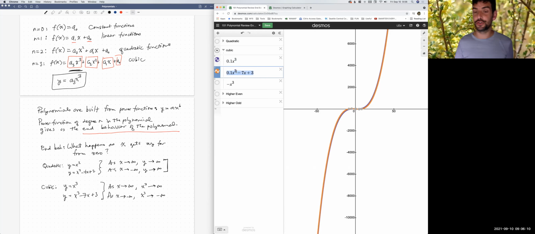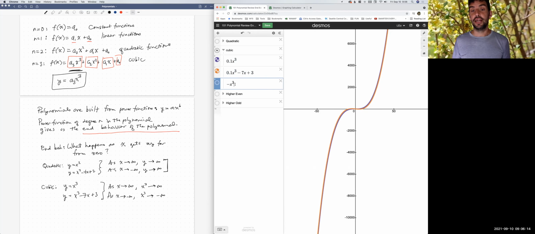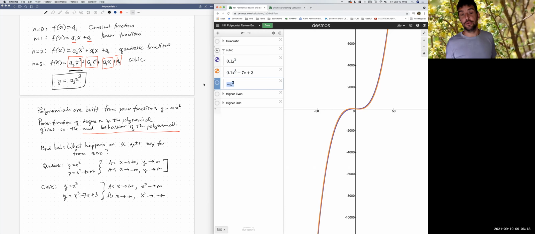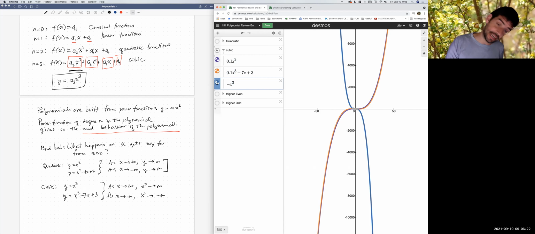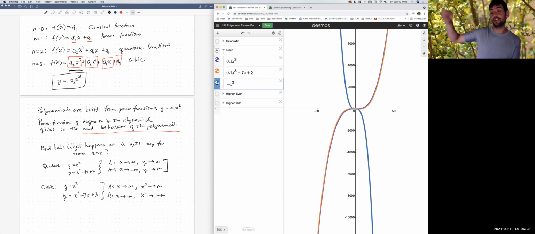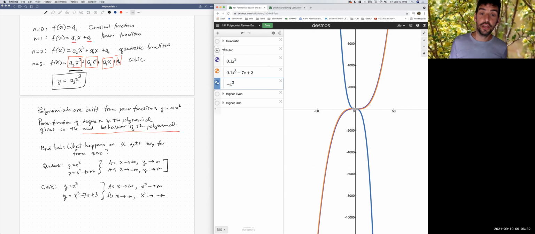This is our leading term, the term with the degree n power in it. And so if we have a polynomial with negative x cubed at the beginning, we know that it goes to positive infinity as we make x more negative, and it goes to negative infinity as we make x more positive, looking at this graph.